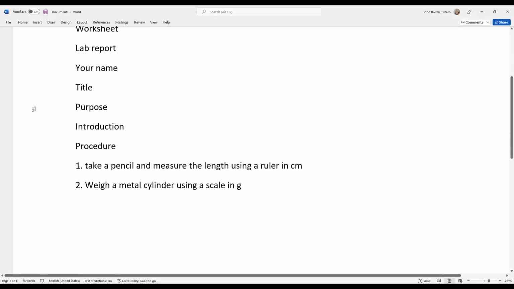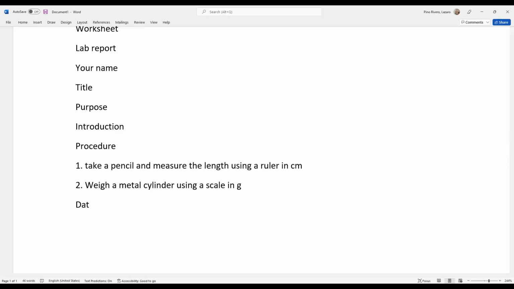Then you are going to write the different activities that you are going to do. Later, you will write the data result.